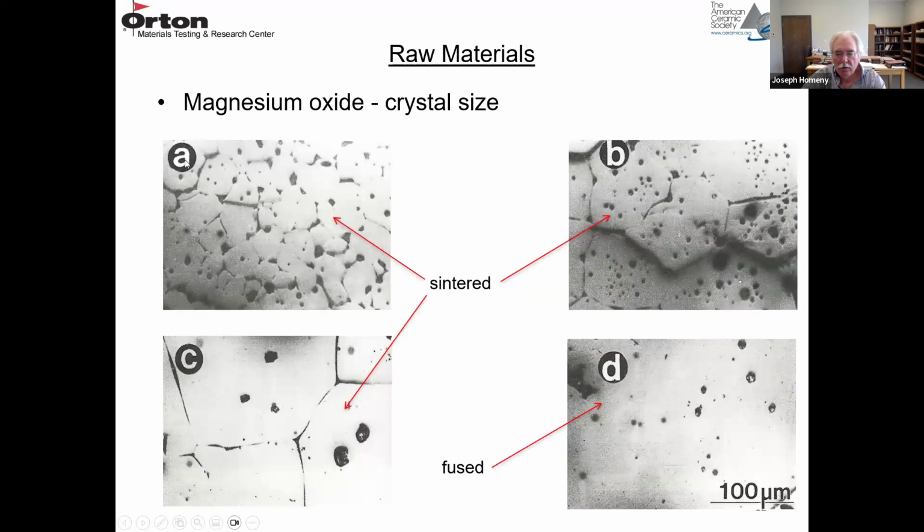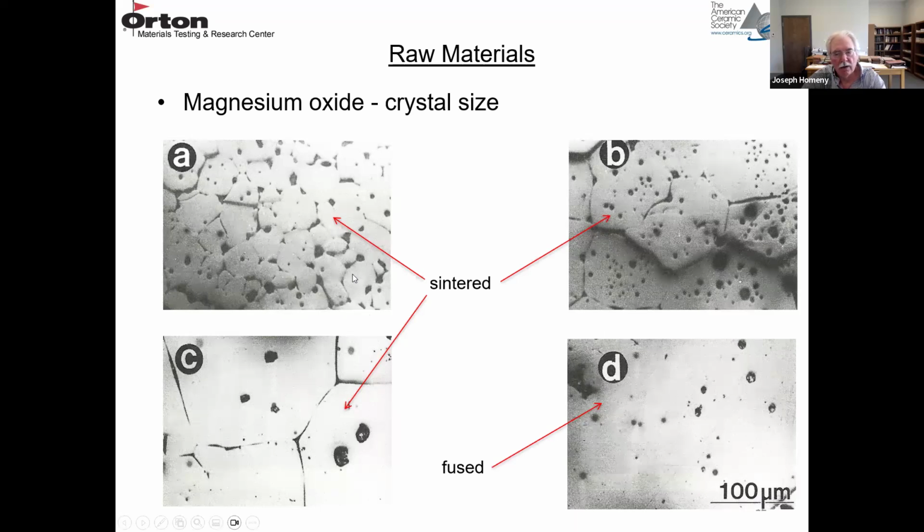So in these photographs, A, B, and C are sintered materials, and D is a fused material. So this marker is 100 microns. So A, B, and C going in that order, there's an increase in the calcining temperature.